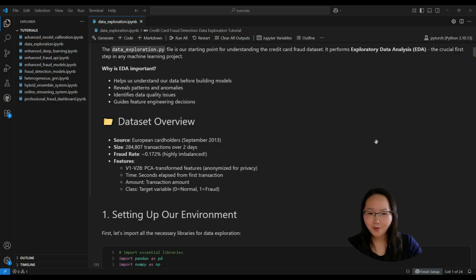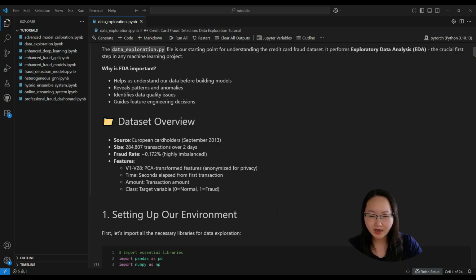You might wonder, why are most features just labeled V1, V2, V3? This is because of confidentiality and privacy regulations. Credit card transaction data contains extremely sensitive personal information: cardholder identity, merchant information, location data, purchase details.